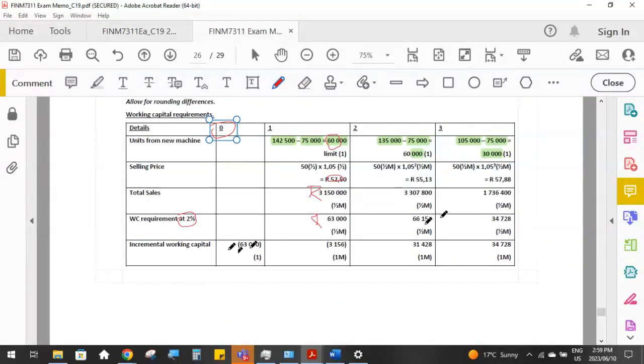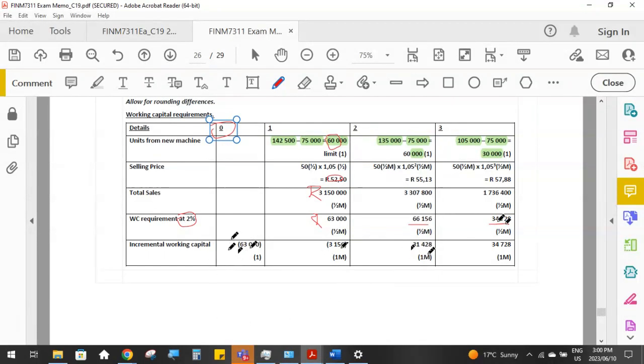Then at the beginning of year 2, the working capital needs to be 66,156 in total, which means we've got to increase the working capital by another 3,156, which is the current 63 minus the 66 total that we want. And then at the beginning of year 3, the working capital only needs to be 34,728, which means the 66,156 that we've currently got, we need to reduce to 34,728, so we'll be able to release a cash flow in of 31,428.